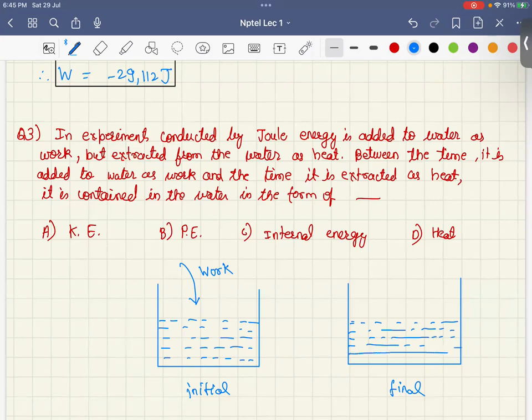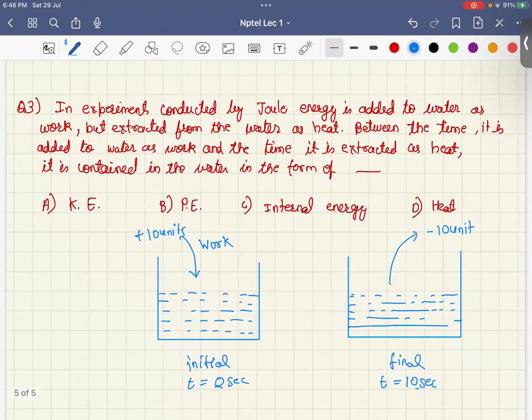Let's say we add 10 units of work, and after some time, 10 units of work are extracted in the form of heat. Let's say this is time t equal to 0 seconds, and for simplicity, this is t equal to 10 seconds. From 0 to 10 seconds, the energy is going to be contained in the water in which form? That is what they are asking.